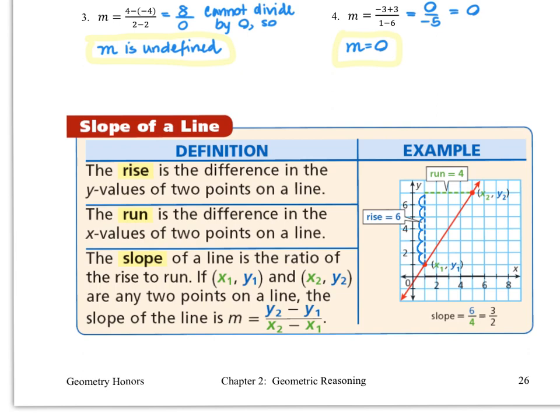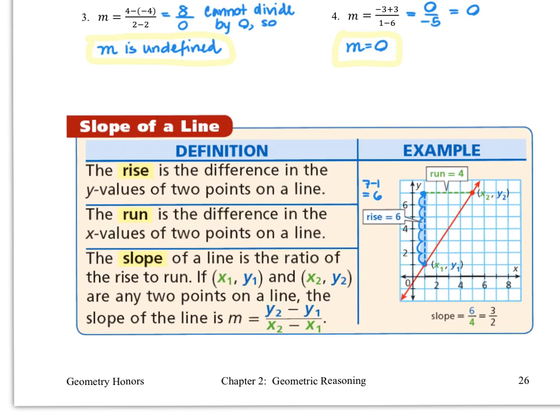The other way is to find the difference between the values. If this y is 7 and this y is 1, we find the difference and get the rise, 6. So two different ways: counting boxes, or finding the difference between the two values. This is the rise for our slope between the 2 marked points.